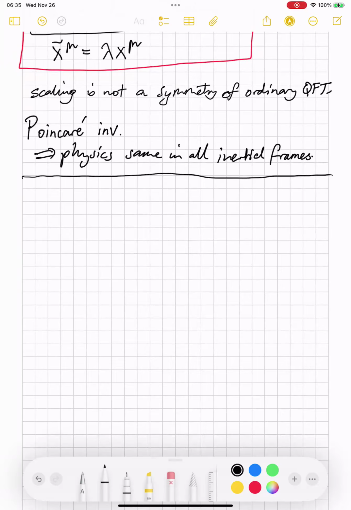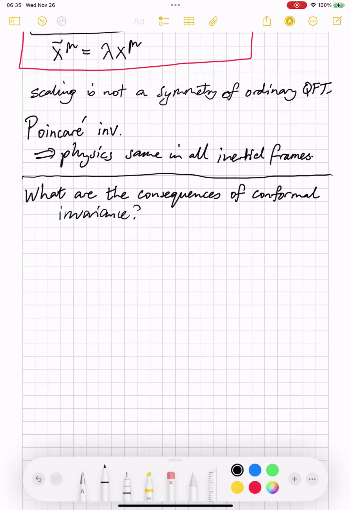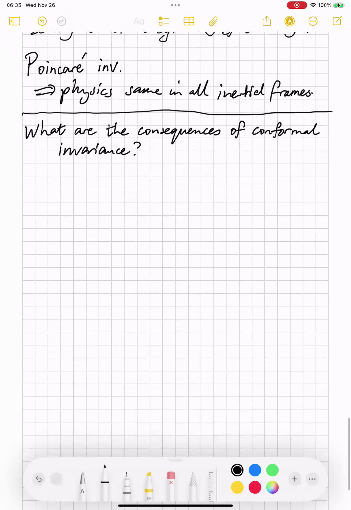And one of the questions that we're going to be asking in a lot of detail is what are the consequences of conformal invariance? So if you tell me you've got a theory that's conformally invariant, then what are the consequences of saying you've got conformal invariance?